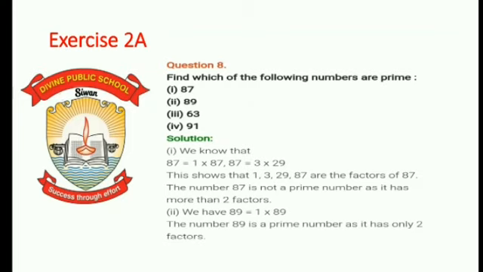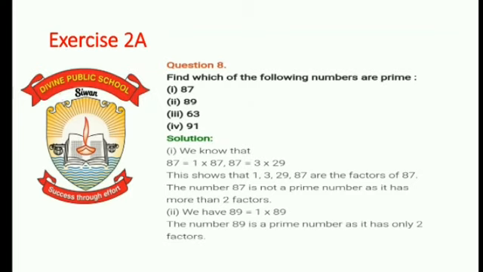This shows that 1, 3, 29 and 87 are the factors of 87. The number 87 is not a prime number as it has more than 2 factors, because we already know that a prime number has only 2 factors, 1 and itself.